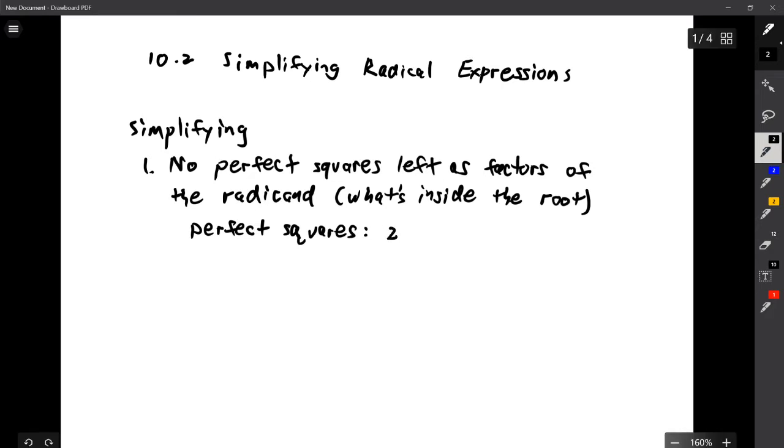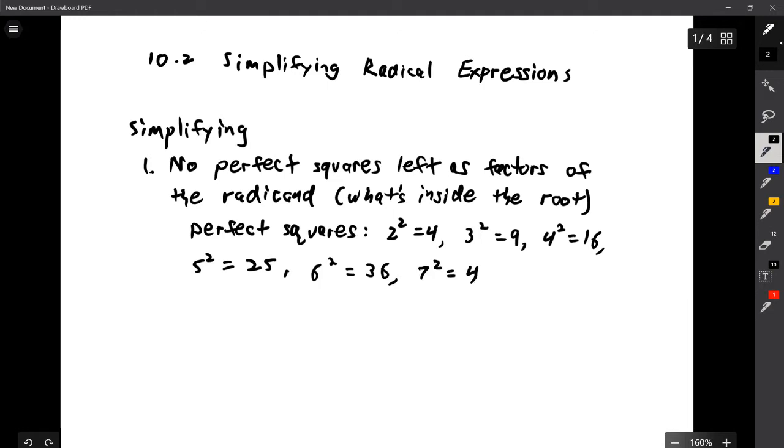So we have 2 squared, which is 4, 3 squared, which is 9, 4 squared, which is 16, 5 squared, which is 25, 6 squared, which is 36, 7 squared, which is 49, 8 squared, which is 64, 9 squared, which is 81, and 10 squared, which is 100.